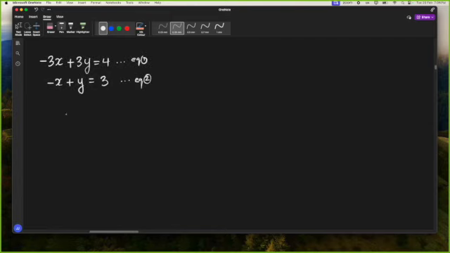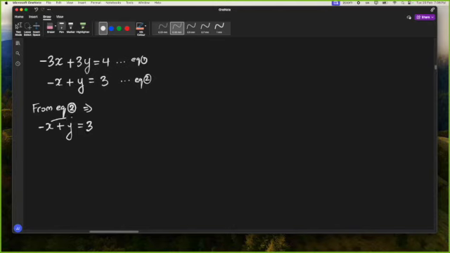So with equation 2, check this out. From equation 2, I could see that minus x plus y is equal to 3.